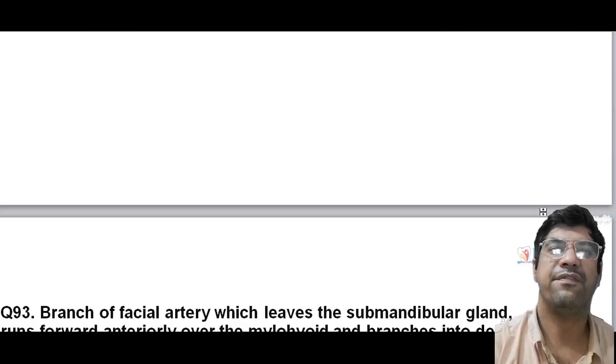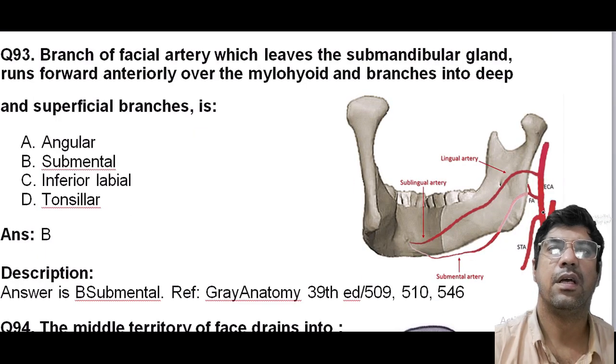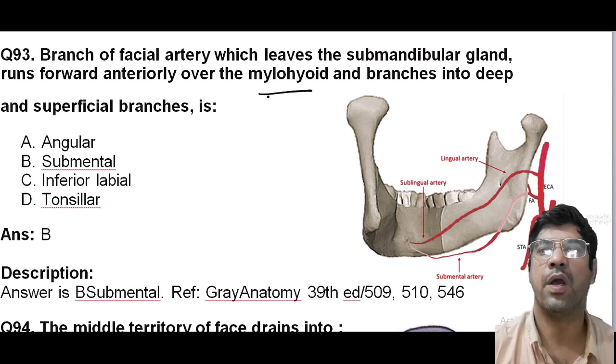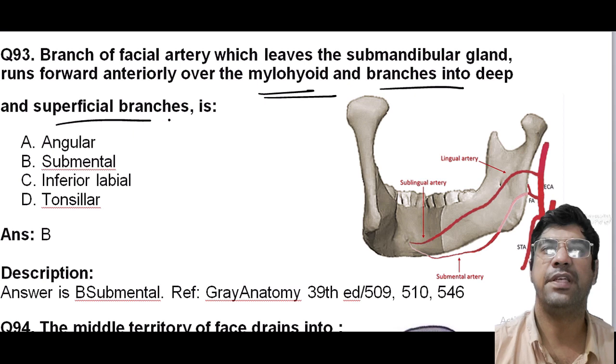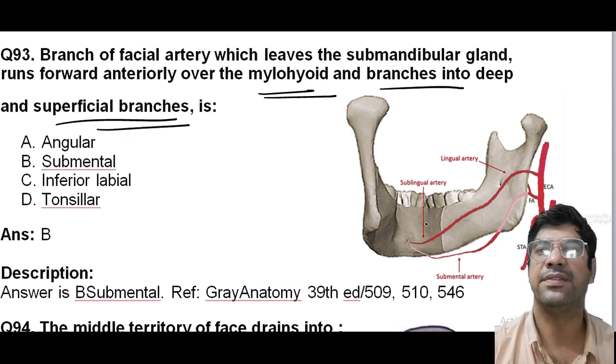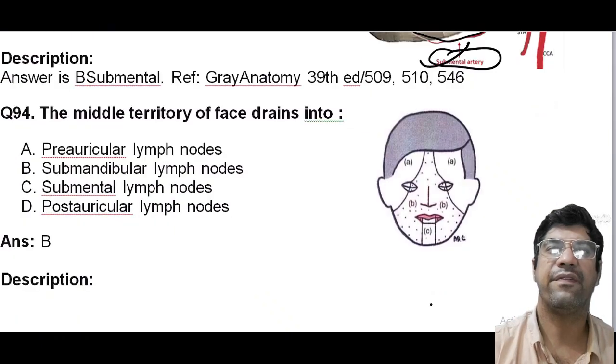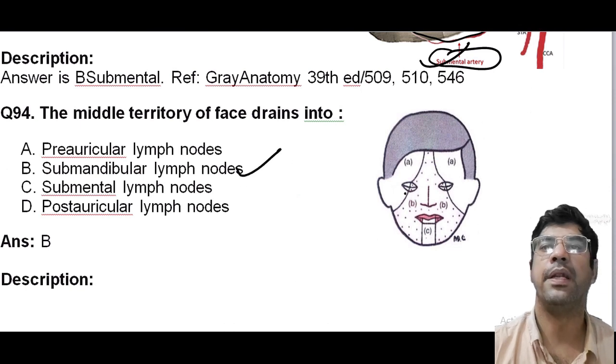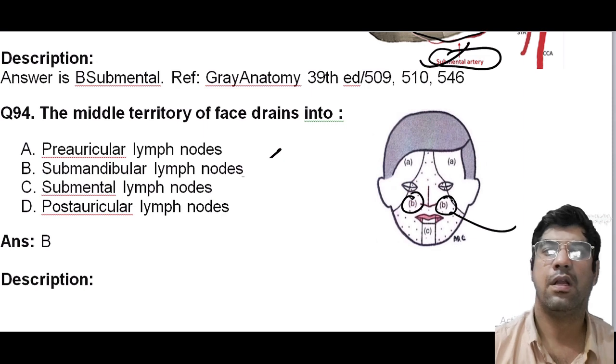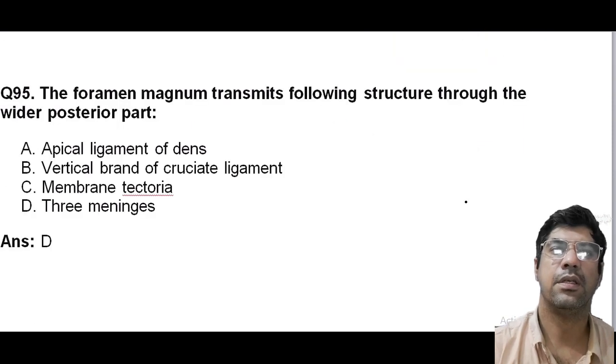The branch of the facial artery that leaves the submandibular gland and runs forward over the mylohyoid, branching into deep and superficial branches, is the submental artery. The middle territory of the face drains into the submandibular lymph nodes. We have already discussed this question.